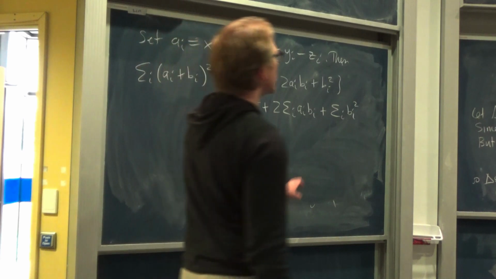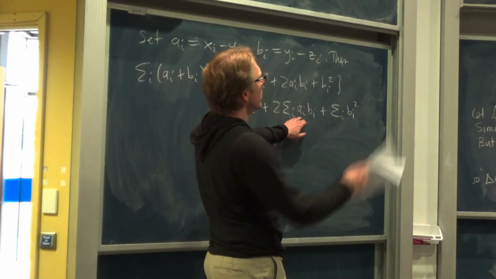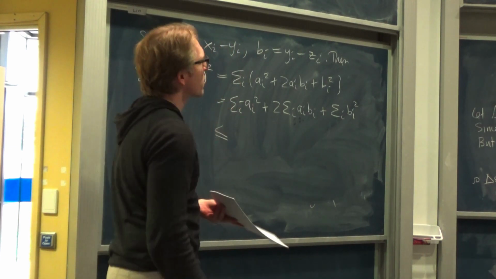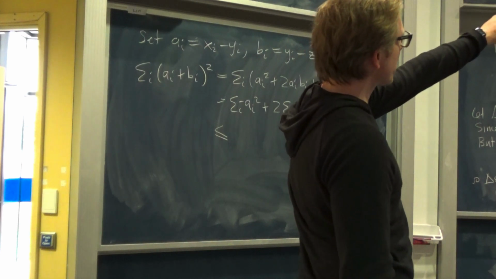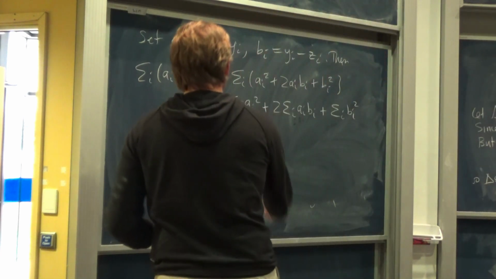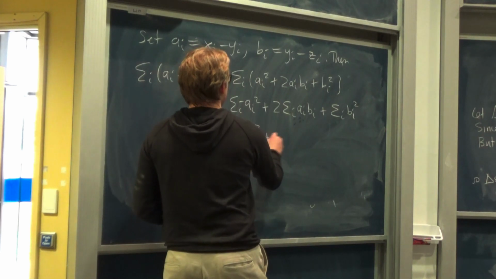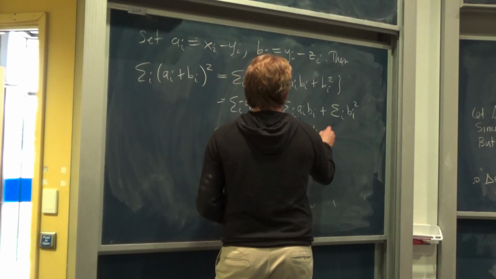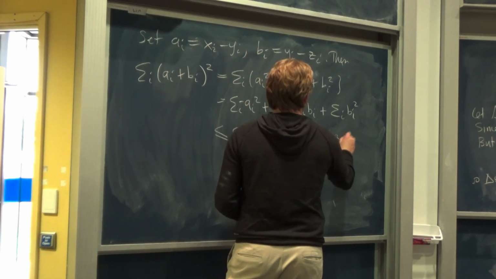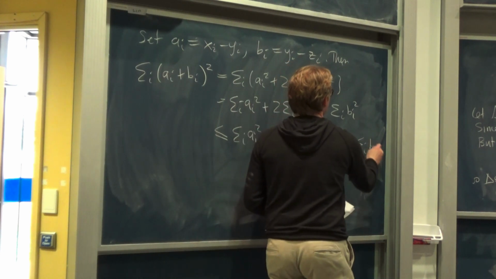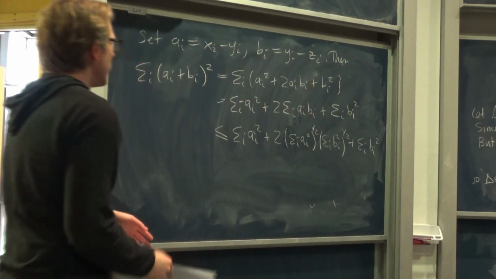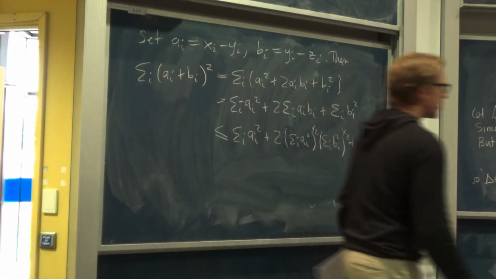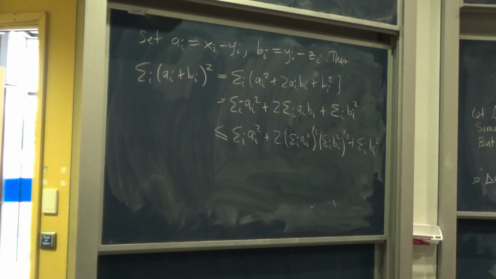Well, now I use this inequality. Well, I square root both sides. Okay, so this is less than or equal to, right. Why is that? Well, just only pay attention to part of that expression.